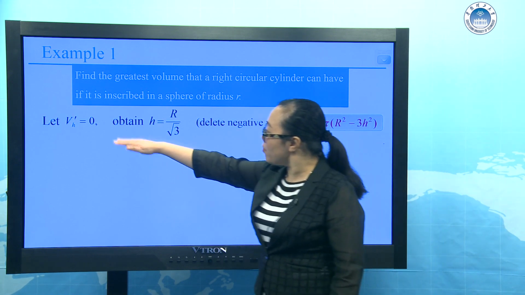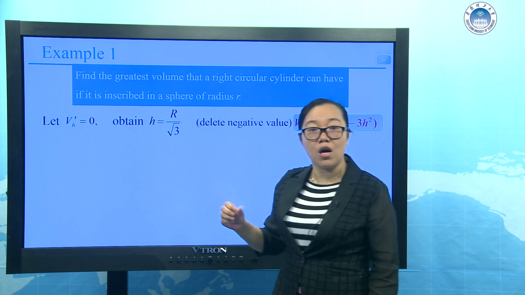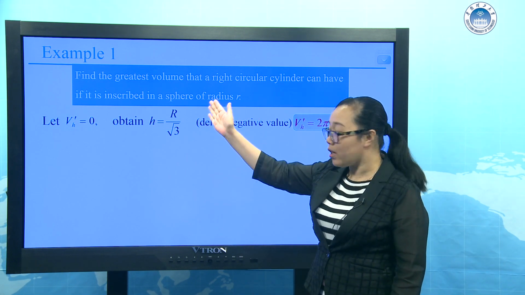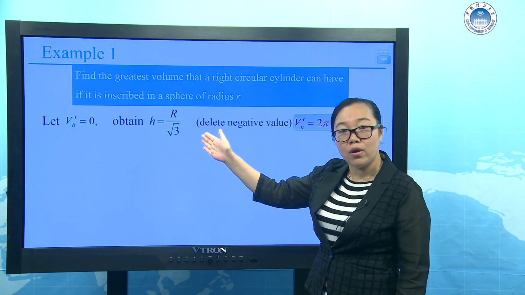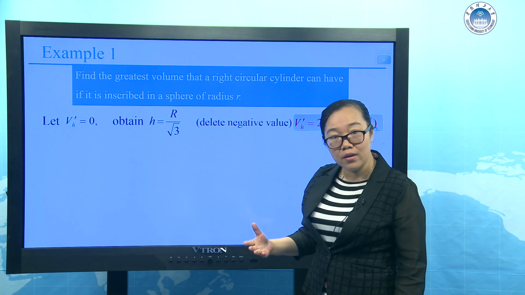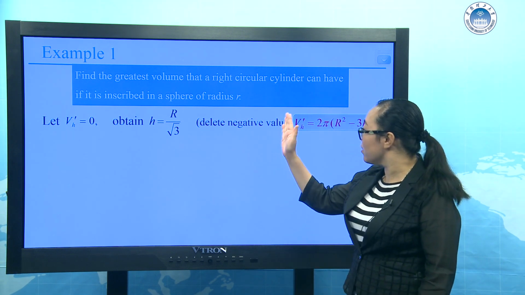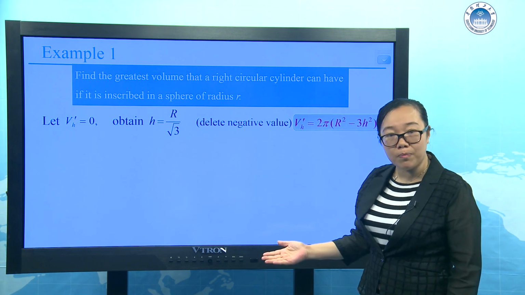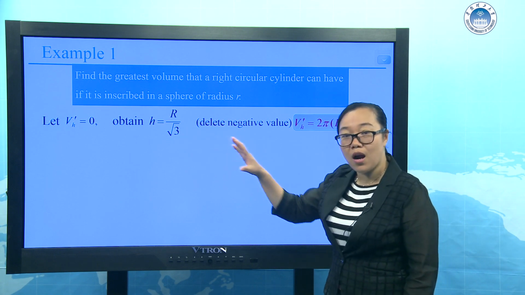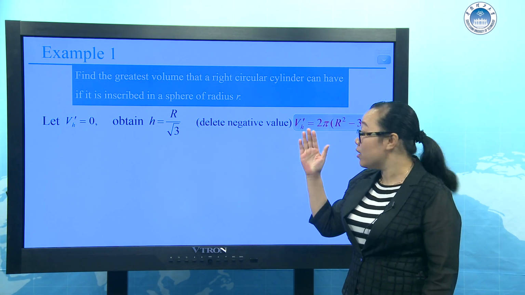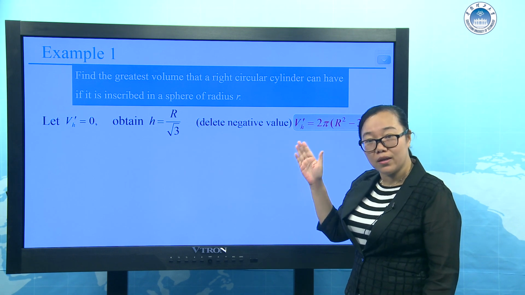Let V prime of h equal 0, and obtain 2 points. One is positive, R over square root 3. The other is a negative value. Pay attention: delete the negative value. Why? Because h is our height, it should be a positive number. So the negative value is deleted.